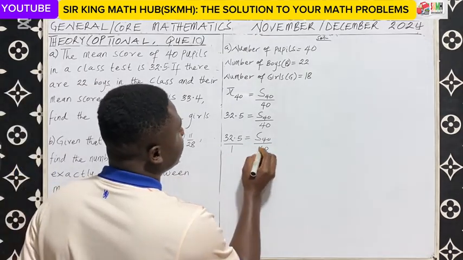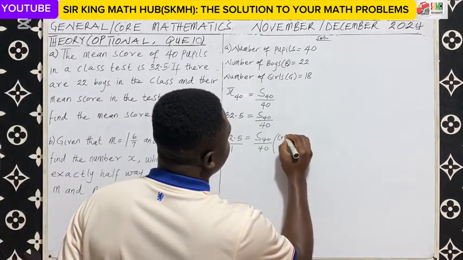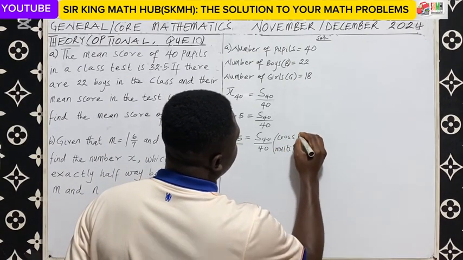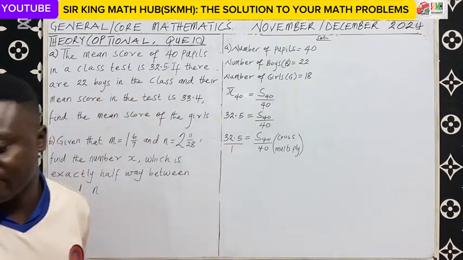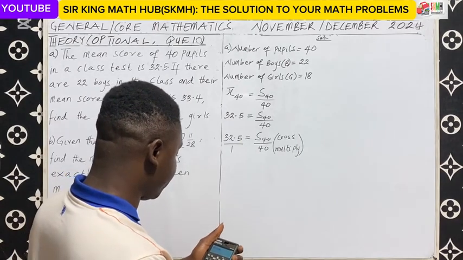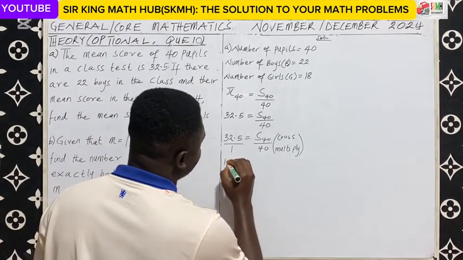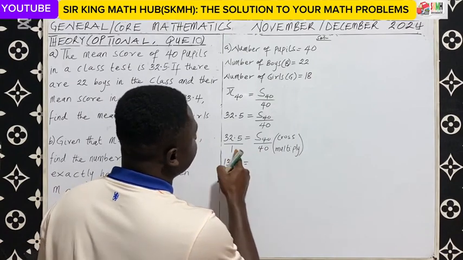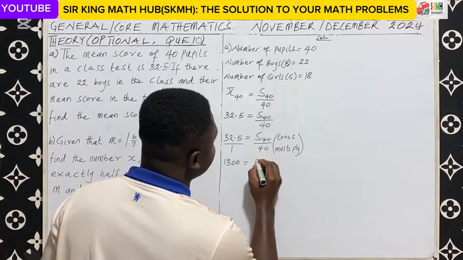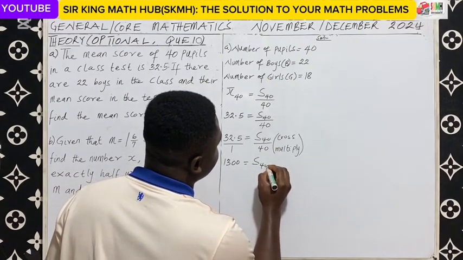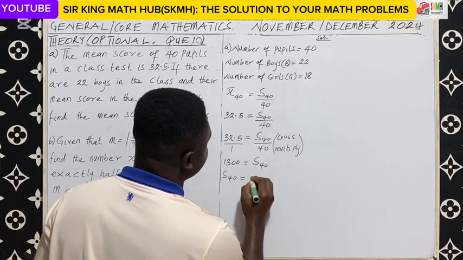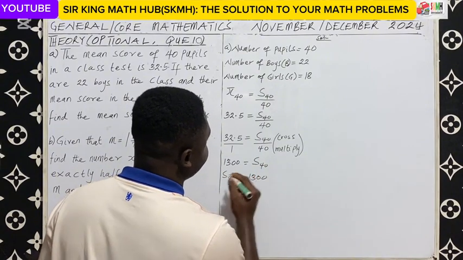So at this point, we can cross multiply. 32.5 times 40 should give us 1,300. And then 1 times the sum of the individual scores of the 40 students, that is S subscript 40. So S subscript 40 is 1,300.